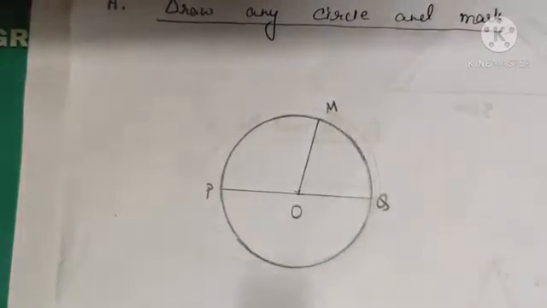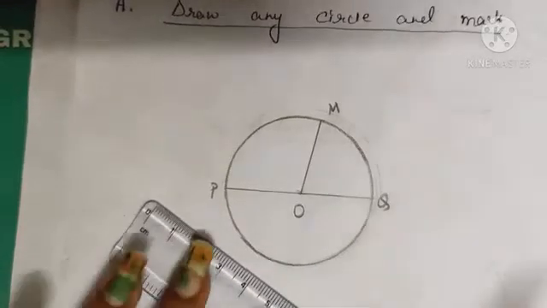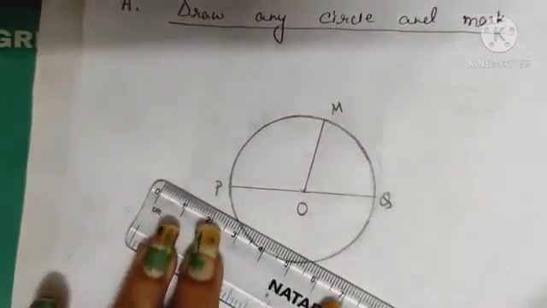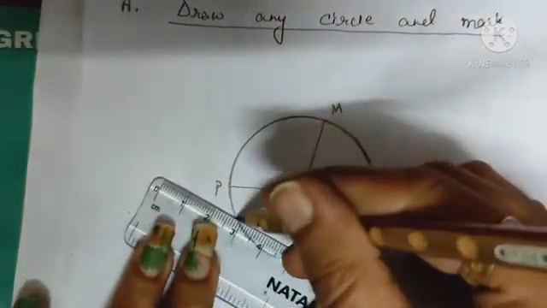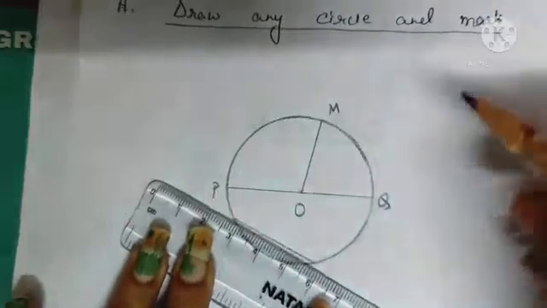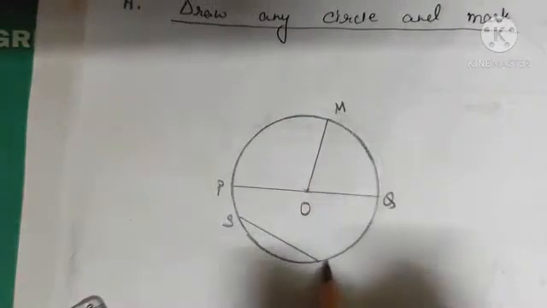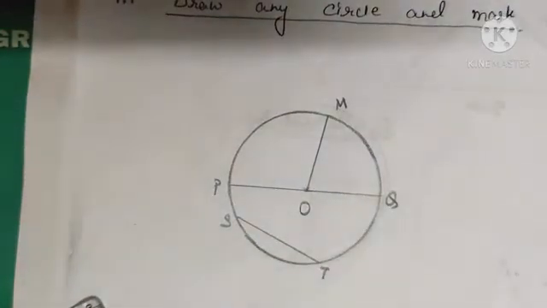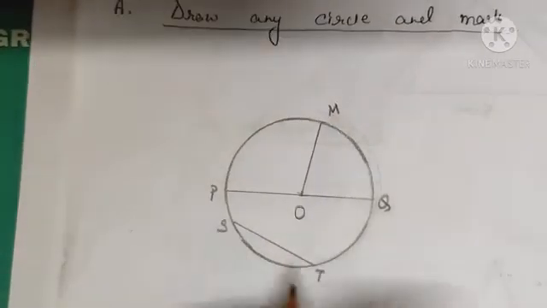Now number 4, a chord. A chord is a line segment whose end points lie on the circle. So here ST, the end points lie on the circle. ST is a chord.